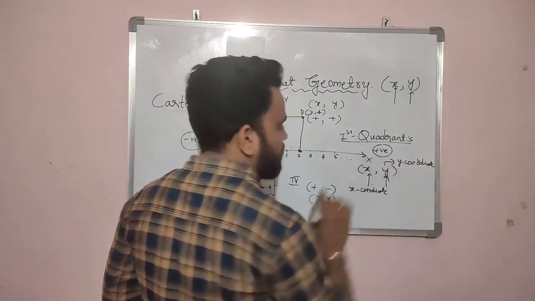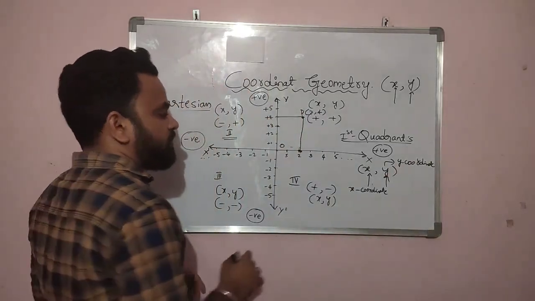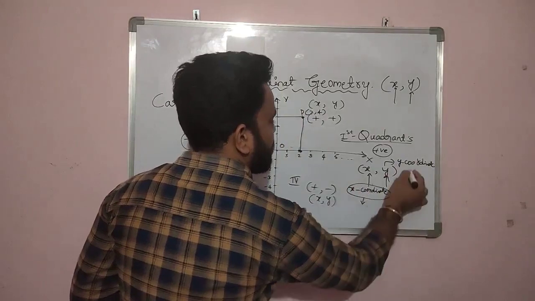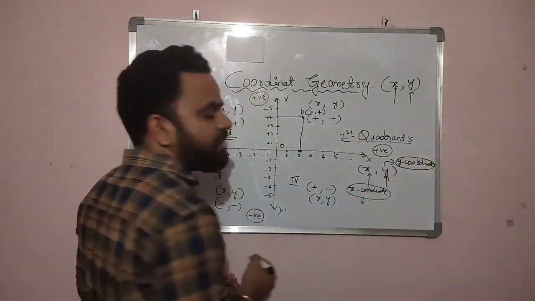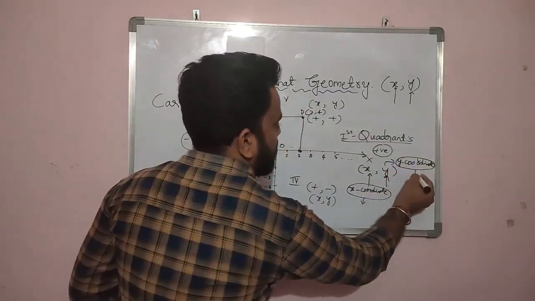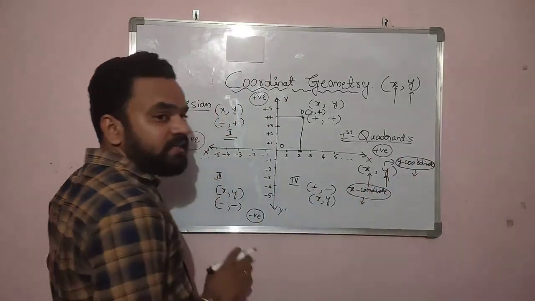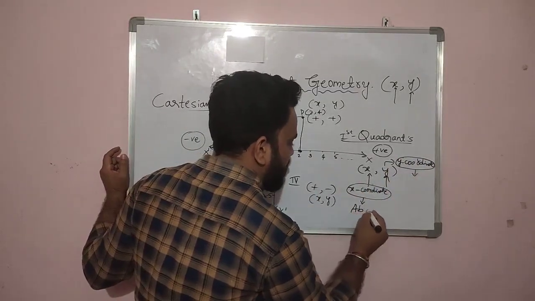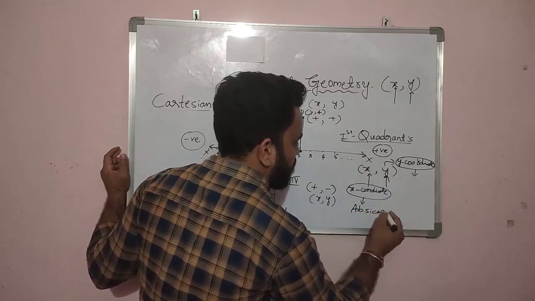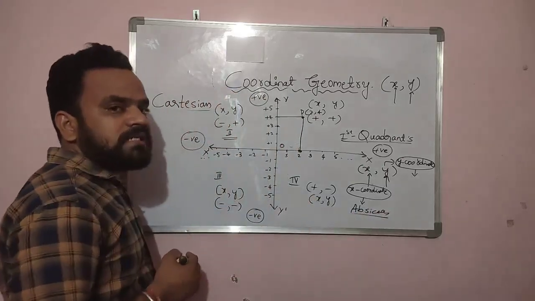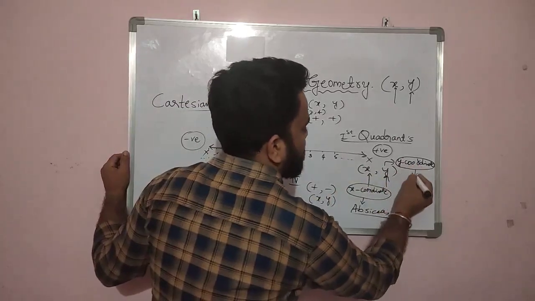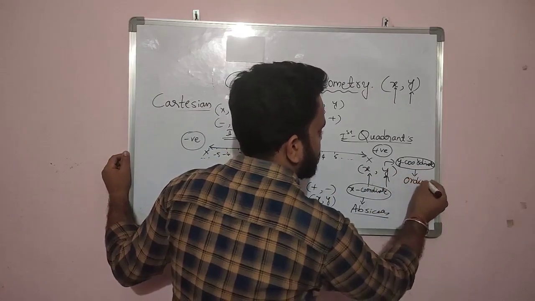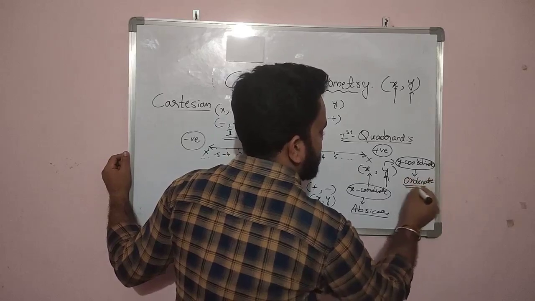This is the basic name, but in Cartesian form there is a specific name for both. The x coordinate is also called the abscissa. The y coordinate is also called the ordinate.